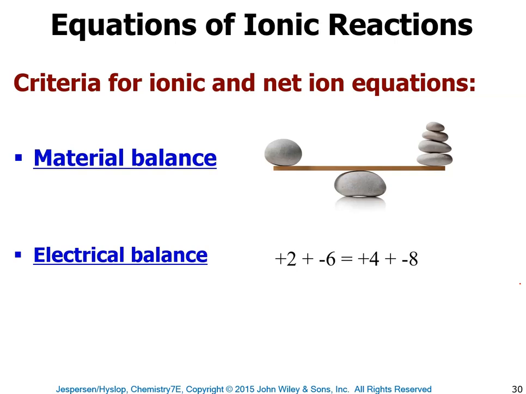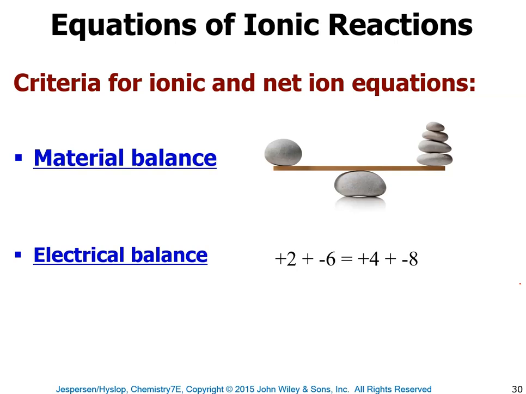Remember, charges are electrons, and an electron is matter. You can't eliminate matter or create matter in a reaction. So that has to be an enclosed system. We have to account for the electrons, so you have to have a balanced electrical charge. They have to equal the same thing on both sides.